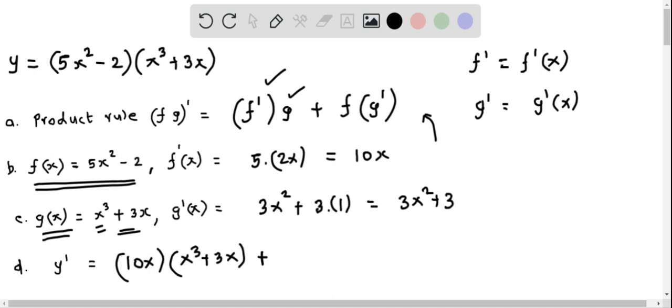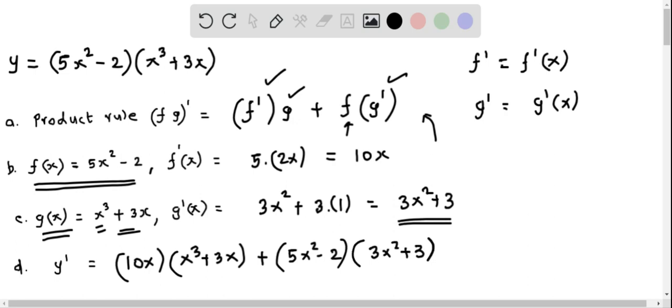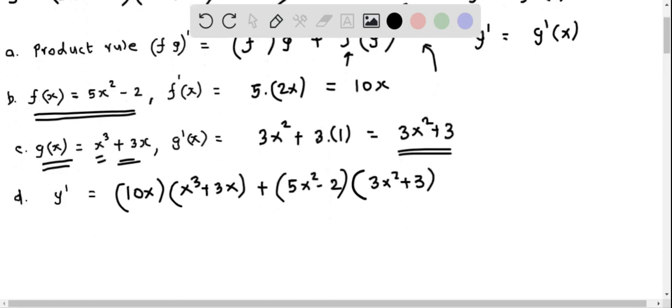We then put plus, then multiply the function f, which is 5x squared minus 2, times g prime of x, which is the derivative of g of x, which is 3x squared plus 3. So we will simplify this expression.